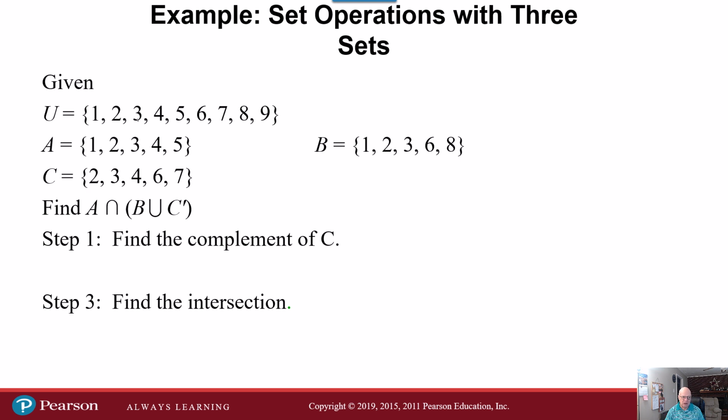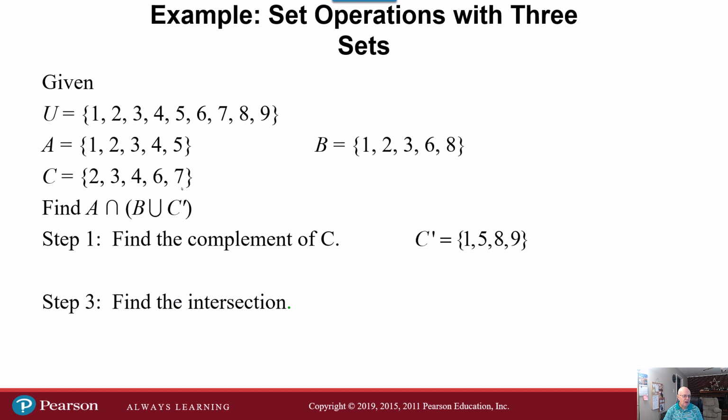Well, you have to go back to the universal set again. That's all the ones you're interested in. So what you do to get C complement is basically in your head, take the universal set, cross out everything that's in C. And there you go. That's C complement.